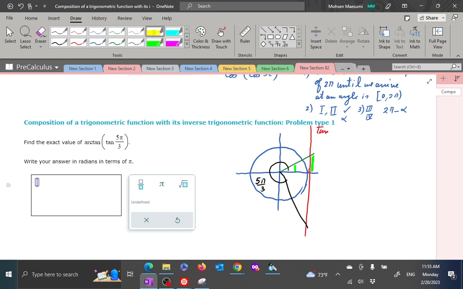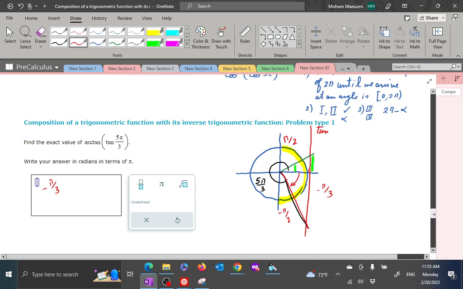Now you are asking what angle in this range of yellow angles gives the same intersection. Well, this angle has the same intersection as that. The only thing is that we have to measure it from minus pi over 2 to pi over 2. So if this is 5π/3, the angle left here is going to be minus π/3.